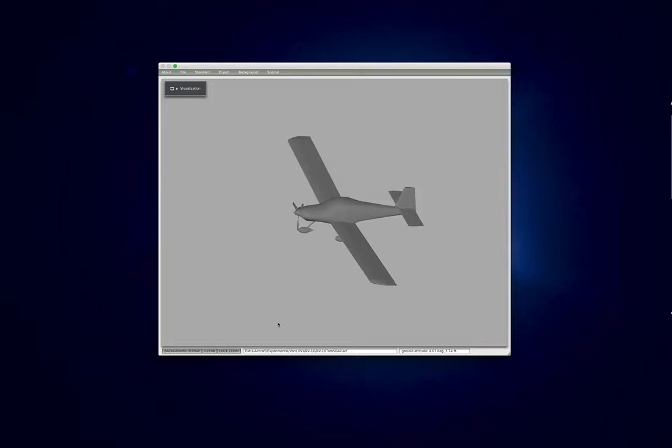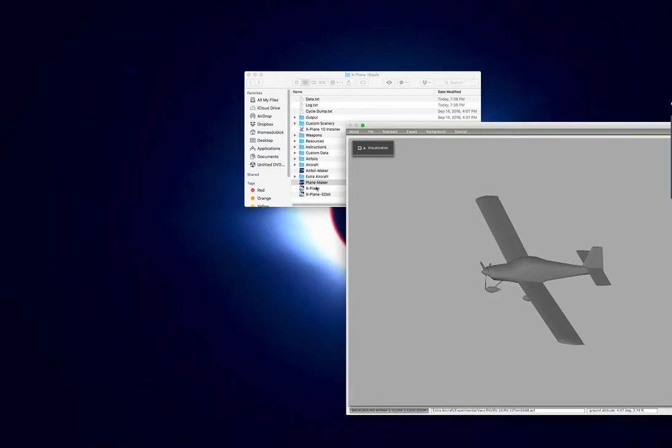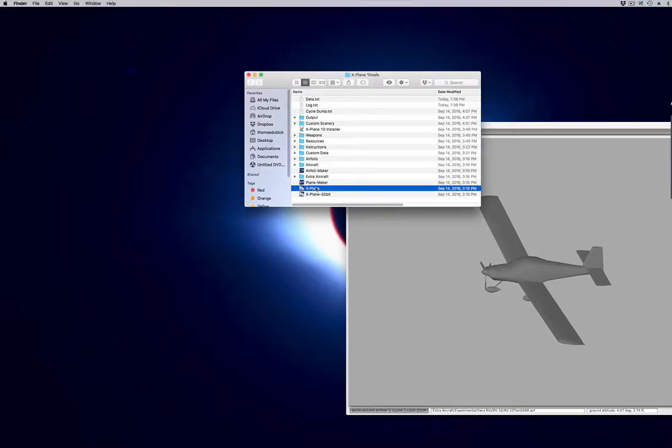All right, so there we are. We've got our plane. Now I'm going to bring up X-Plane.